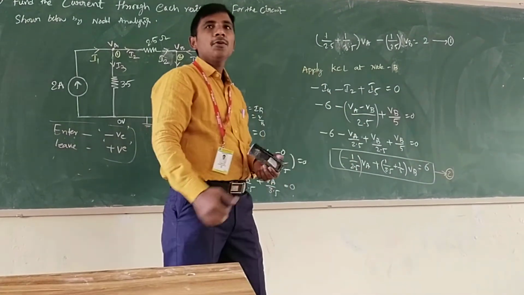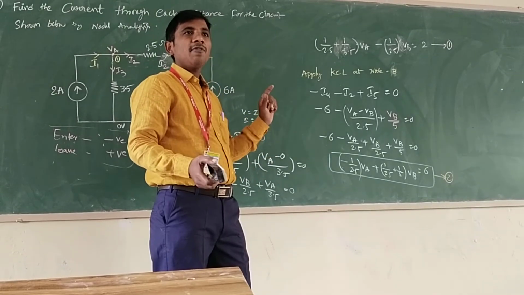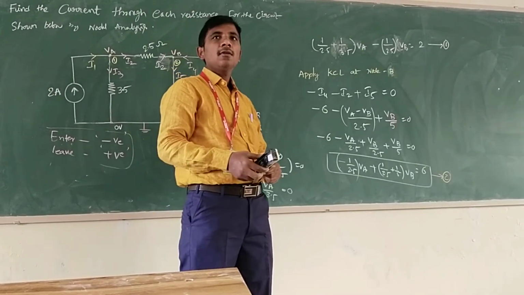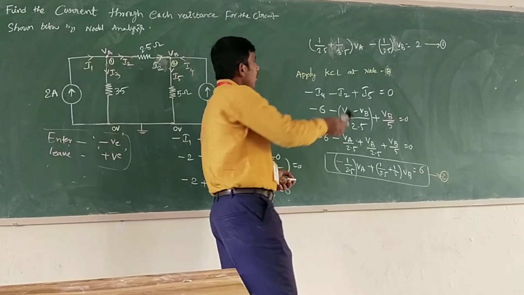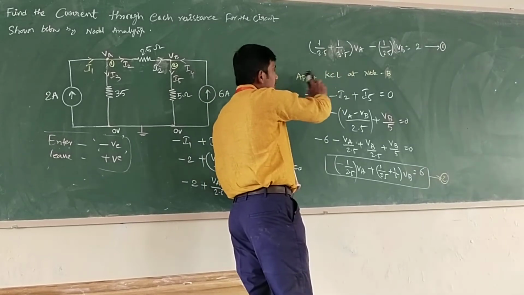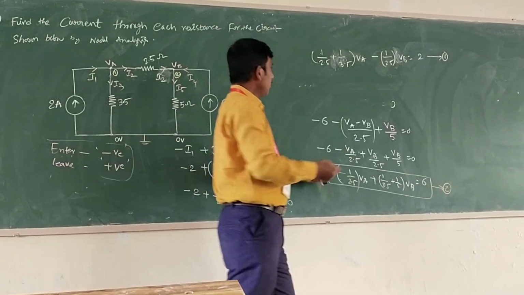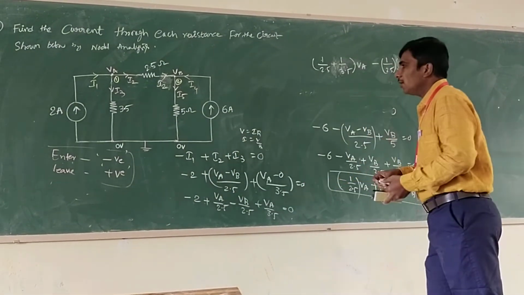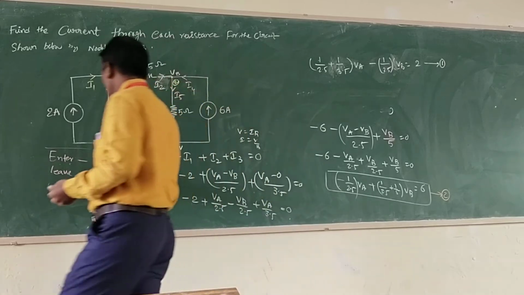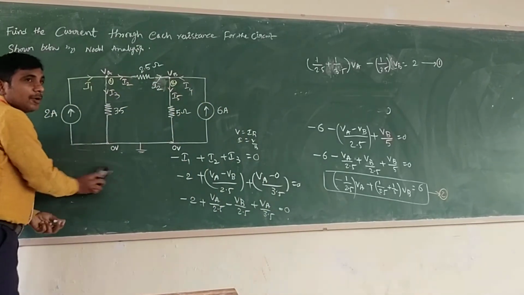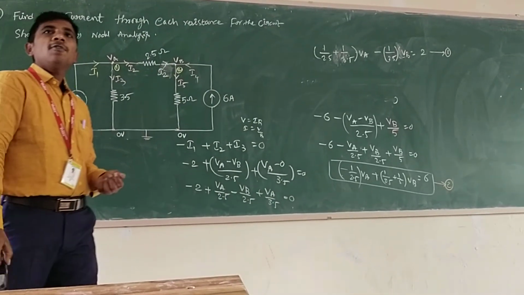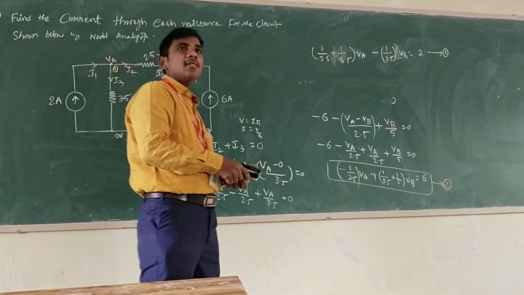After that we have to convert them into matrix form, and then apply Cramer's method. Write the equations in matrix form.